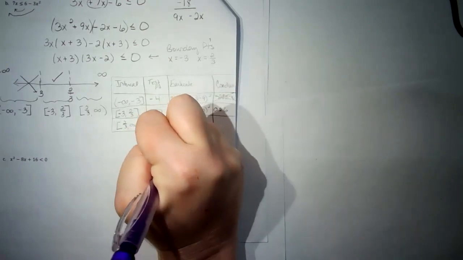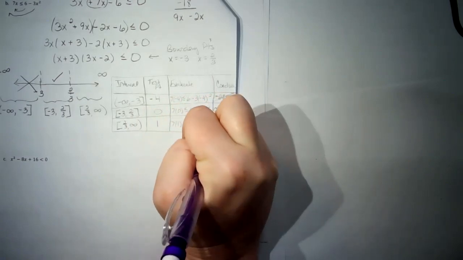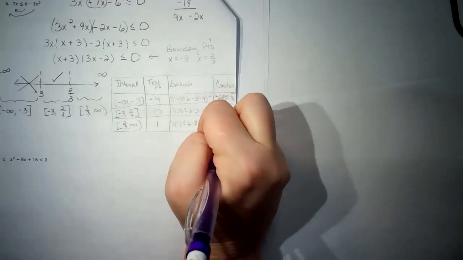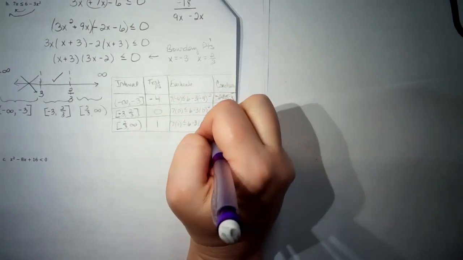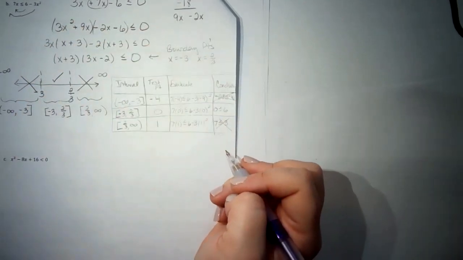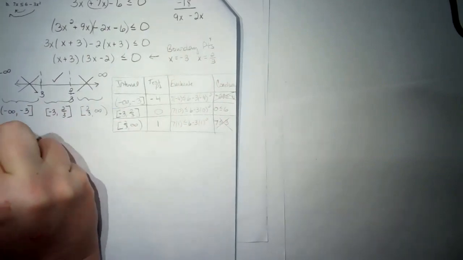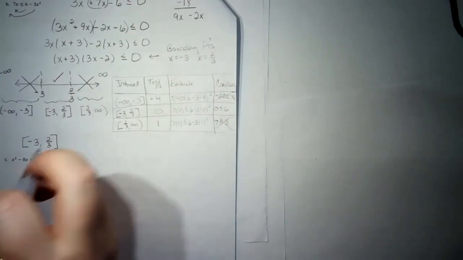So if I throw in a 1, that's going to say 7 is less than or equal to 3. Is 7 less than or equal to 3? No. So my answer for the whole problem is going to be this one little interval.